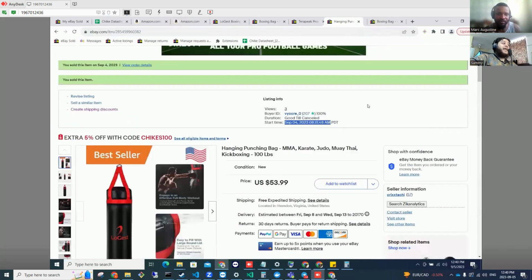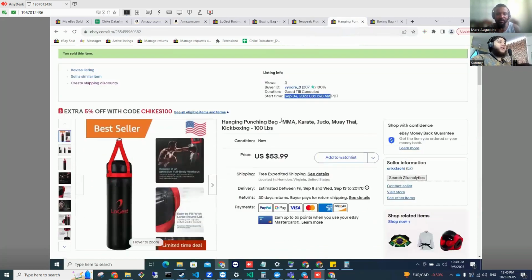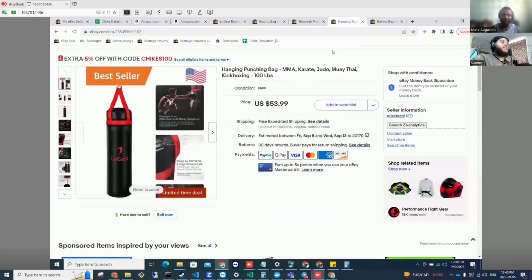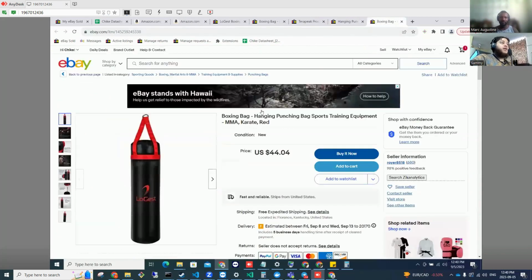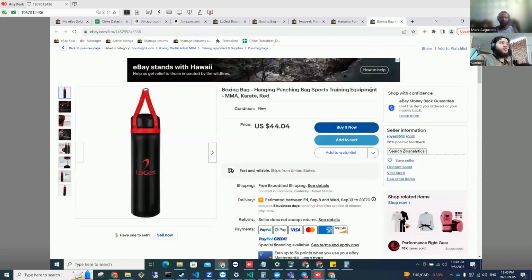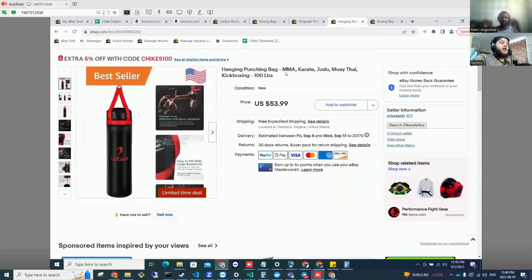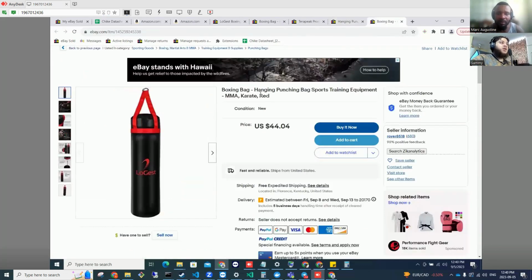Exactly, and that's what we're trying to say right here, the difference it makes. You can see our title, hanging punching bag, sports training equipment, MMA. You know what? I feel like the titles are pretty similar actually. MMA, karate, judo, kickboxing, 100 pounds, hanging punching bag, sports training equipment.